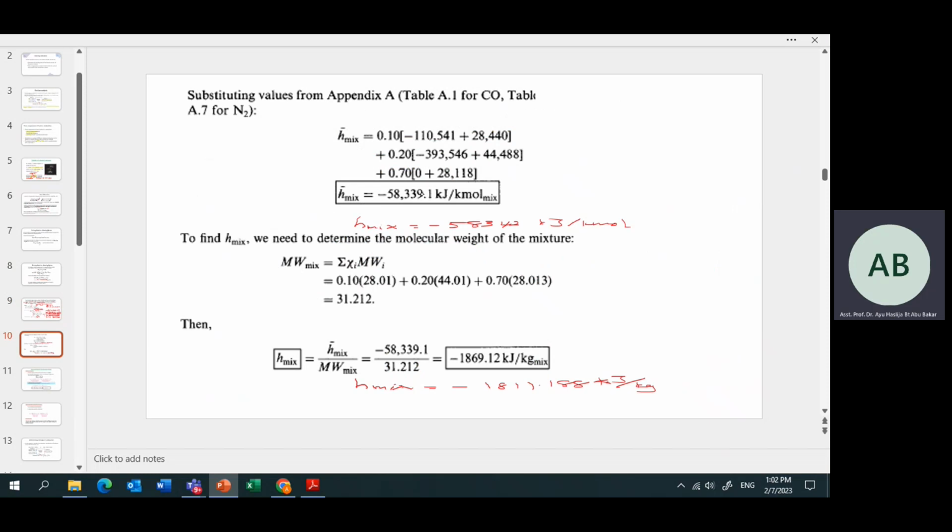Please ignore this figure. This figure is not from the same table that we use. Your final H mix will be different from this.